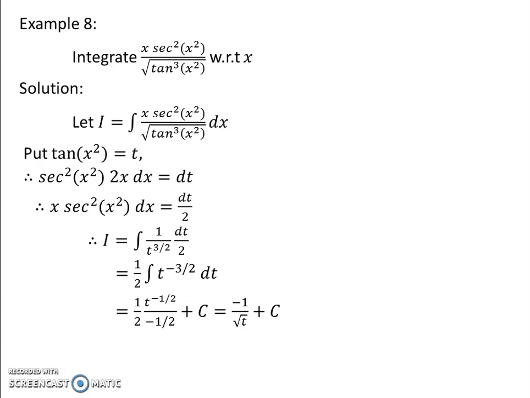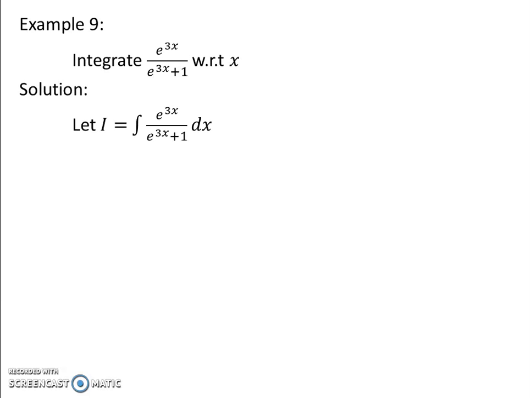That minus half and that plus half will result to minus 1 and t raised to minus half is nothing but 1 upon root t. So replacing t as tan of x square, we get minus 1 upon root tan of x square plus c. So again if you observe, the derivative is present over the function in the integration, hence we substitute tan of x square. So what to substitute, that is very important part.